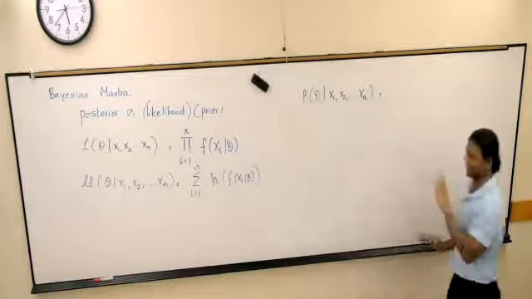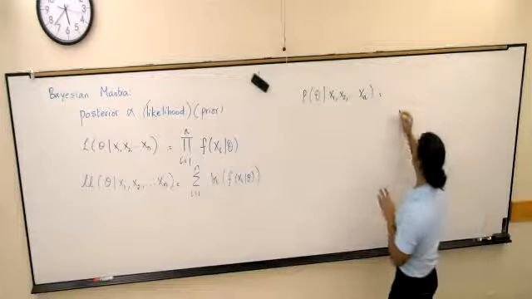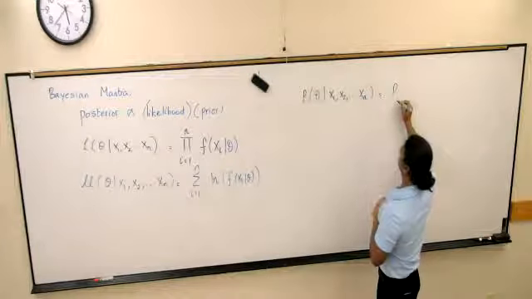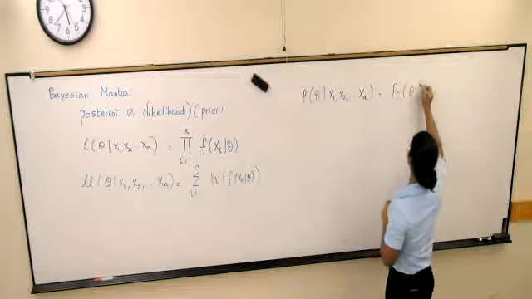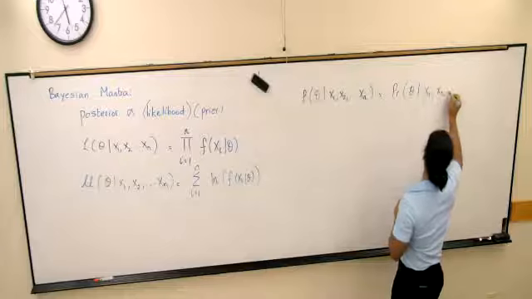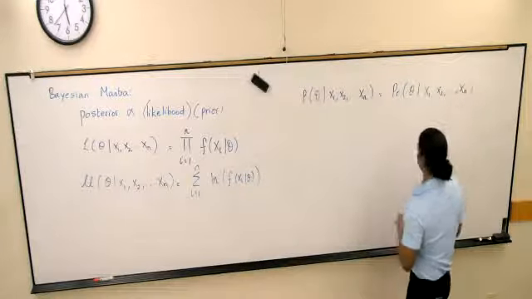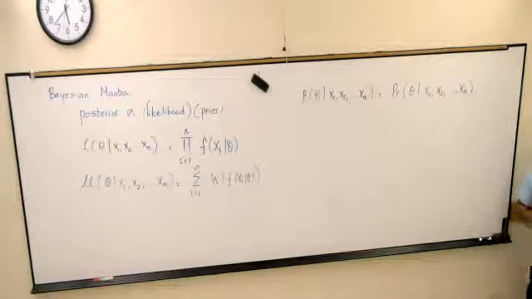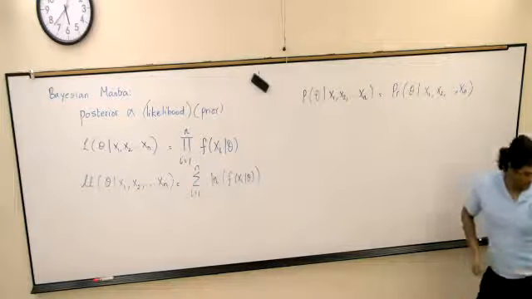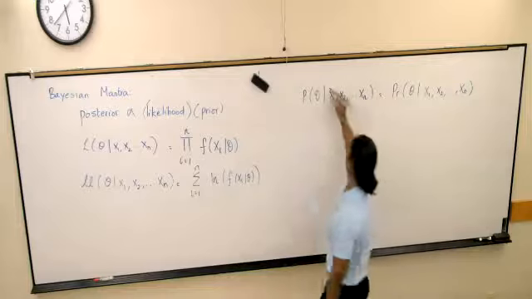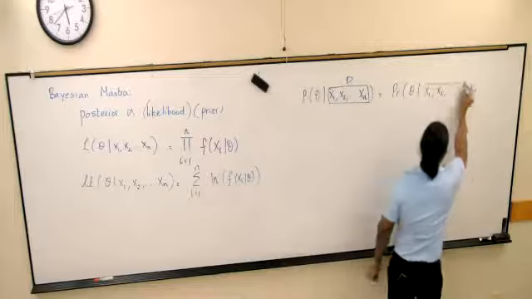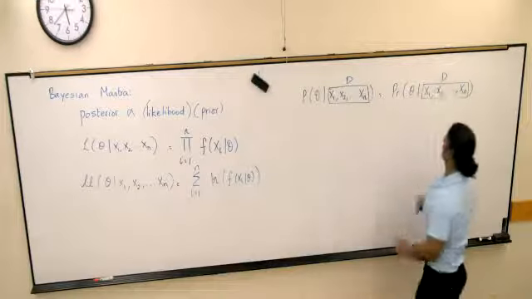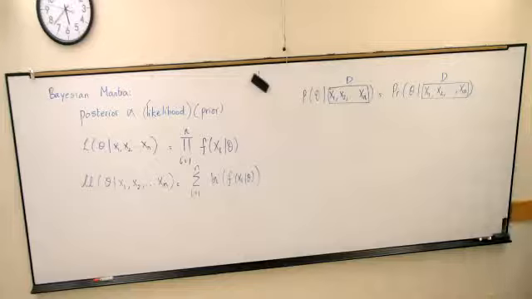And that would equal, if we look at it as probabilities, probability of theta given x1, x2, dot, dot, dot, all the way up to xn. Call that D, sticking to the notation that we already have, so D stands for data.